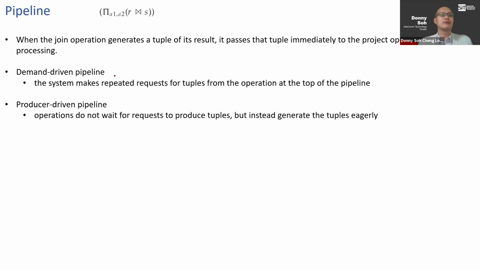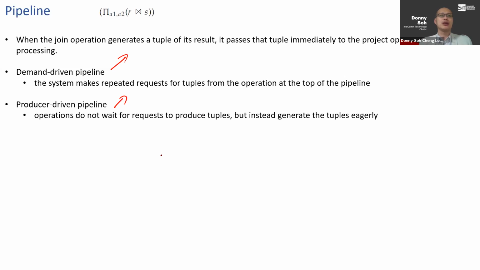There are two types of pipelines. One is the demand-driven pipeline, the other is the producer-driven pipeline. In the demand-driven pipeline, the system makes repeated requests for tuples at the top of the pipeline.